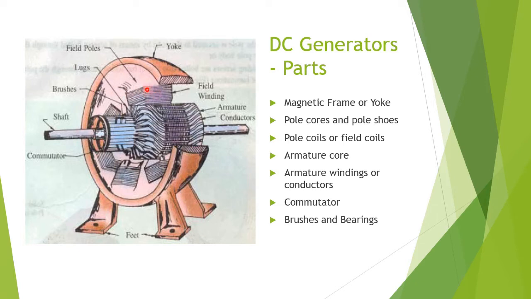The coils wound on these pole cores are called pole coils or field coils. The rotating part is the armature, and the windings wound on it are the armature winding. Then there is the commutator, the brushes and the bearings. These are all the parts of the DC generator. Let us study them one by one.